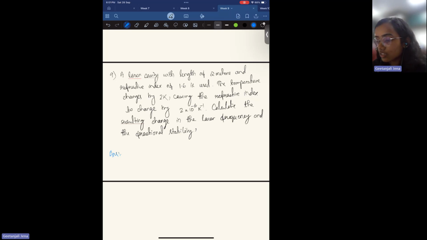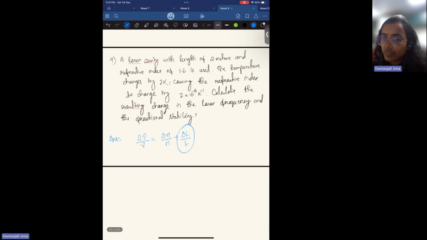Calculate the resulting change in the laser frequency and the fractional stability. So to calculate the resulting change in laser frequency, you can use this formula, which is delta nu by nu equal to delta n by n plus delta L by L. So now we are ignoring this part because it's not given. So we are assuming the cavity length here remains constant. So that means delta nu by nu is delta n by n.